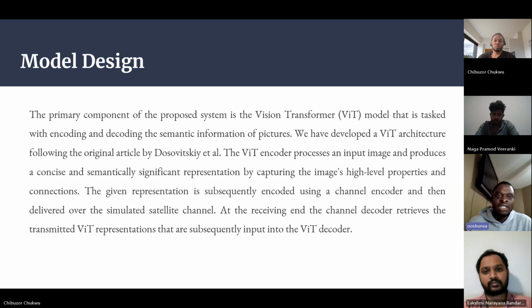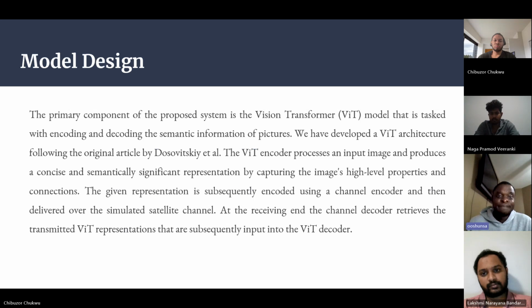Also, we have the data transmission, which determines how semantically enriched data will be transmitted over the satellite network. This involves encoding the data in a format suitable for transmission, such as JSON or XML.